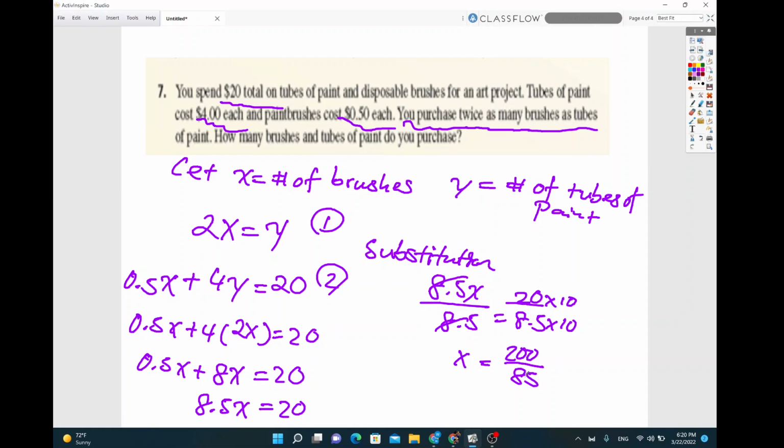And then this one is 85, so those two numbers are both divisible by 5. So 200 divided by 5 would be 40. And then 85 divided by 5, just do it mentally. So 1 times 5 is 5, and then the remainder is 3, 35, so 17. So it's 40 over 17.